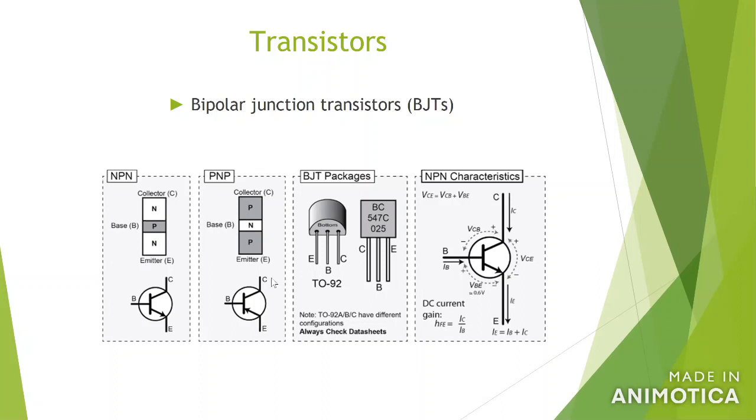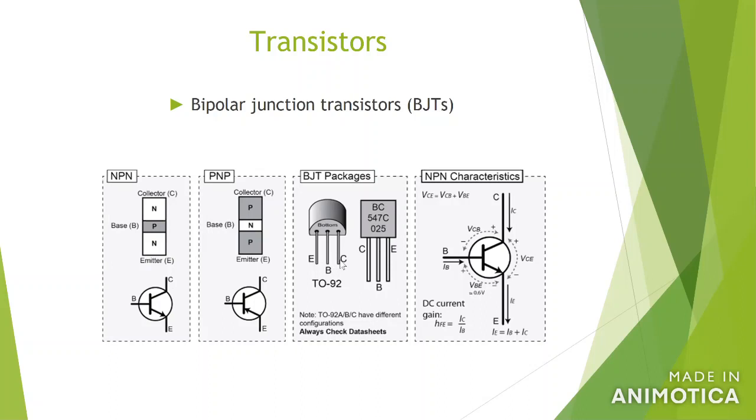You can see this is an NPN transistor. The most popular transistor is the NPN transistor. So this is B, this is C, this is E. You can see B is in the middle, with E and C on the sides.